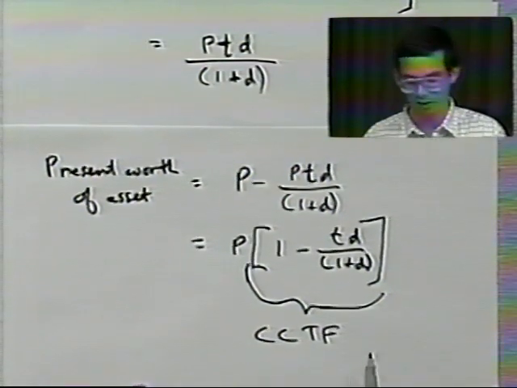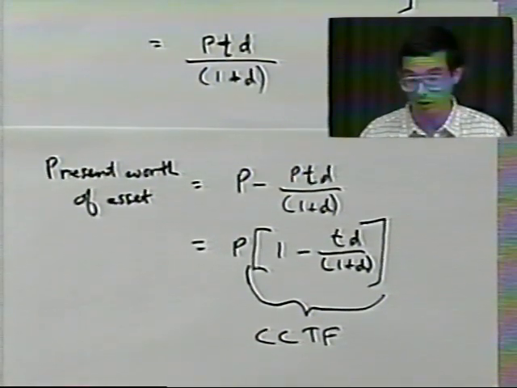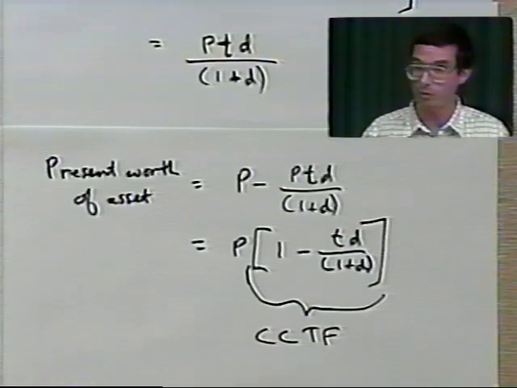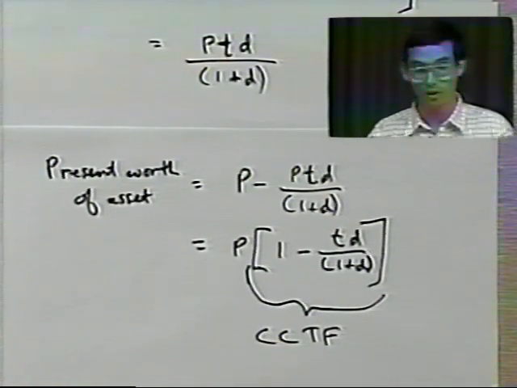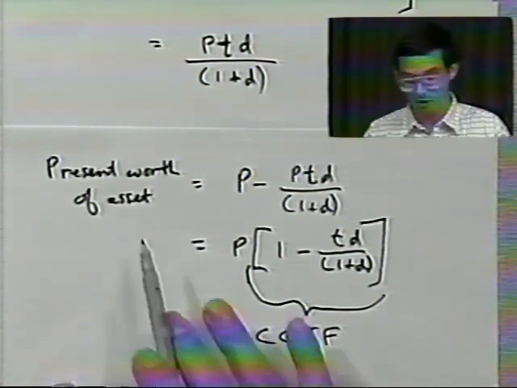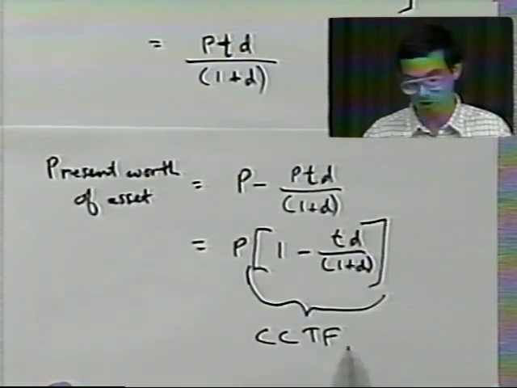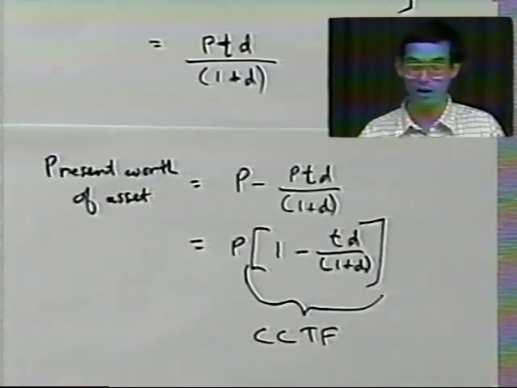Capital cost tax factor. Now, we'll be using this capital cost tax factor when we make economic calculations, taking taxes into account. But what I wanted to do in this talk is simply show you where it comes from and why in fact, it does have meaning. Recall that this is the capital cost tax factor for pre-November 13th, 1981.